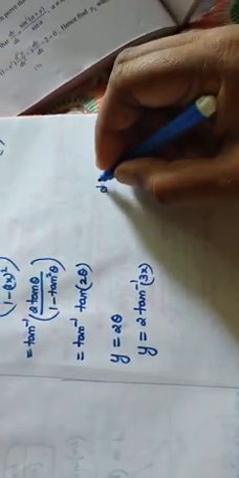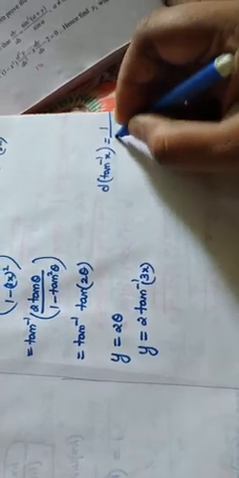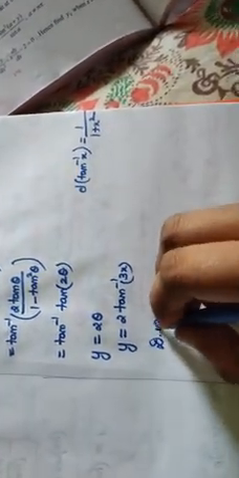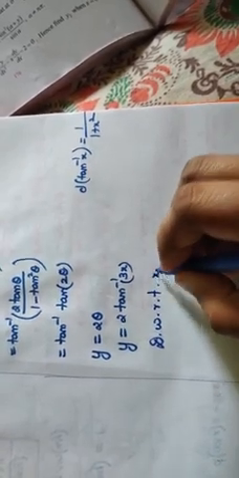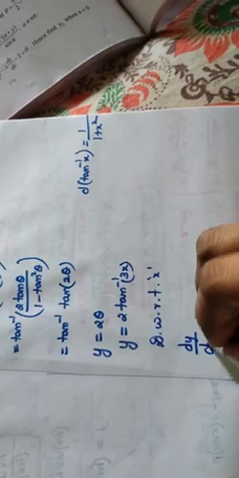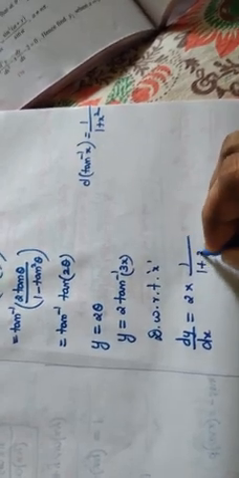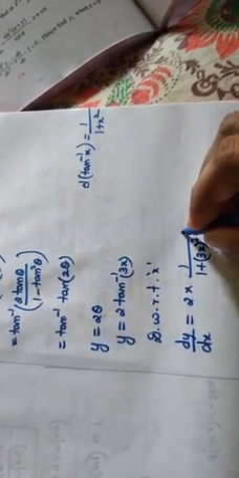Now give the answer for me. The differentiation of tan inverse of x is nothing but 1 divided by 1 plus x squared. So differentiate with respect to x. So what is our answer? dy by dx is equal to 2 into, for tan inverse of 3x, 1 divided by 1 plus (3x) the whole squared, into the differentiation of 3x, which is 3.